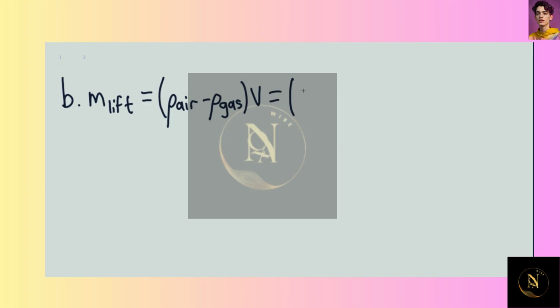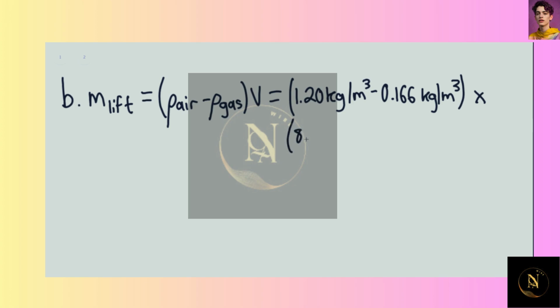This would be equaling 1.20 kilograms per cubic meter minus 0.166 kilograms per cubic meter, and then multiplied by V, which we know to be 8.27 times 10 to the third cubic meters, and we have a mass of approximately 8,550 kilograms.